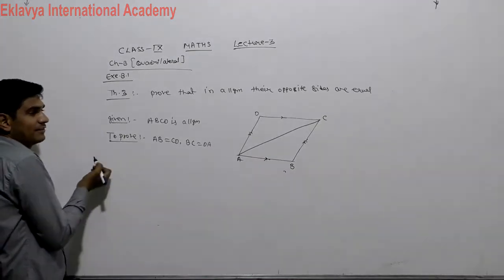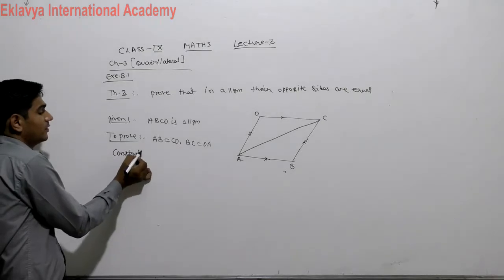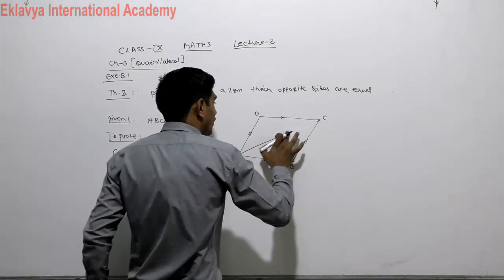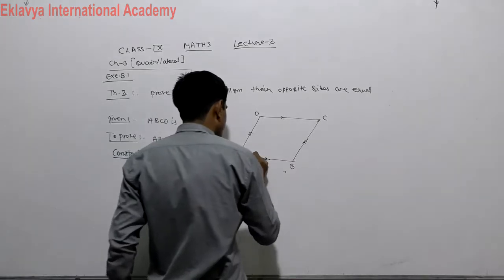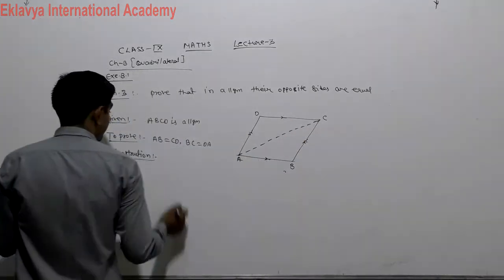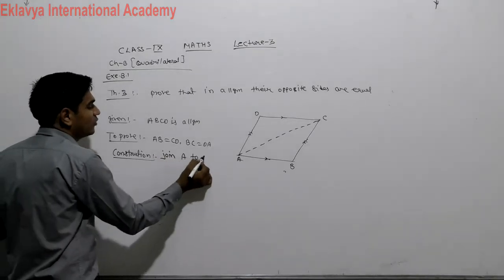Now construction. We have to join A to C, using a dotted line.